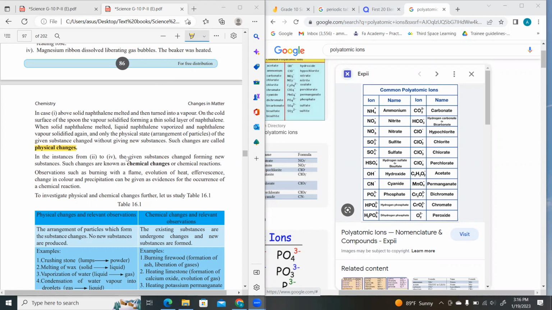Chemical changes mean when one substance reduces and a new substance forms, right? Those are known as chemical changes. That means one type of substance will be reduced and a new substance will be formed in a reaction, like we saw in the acid-base reaction. Sodium hydroxide goes with sulfuric acid, but the products are different, not the same thing.